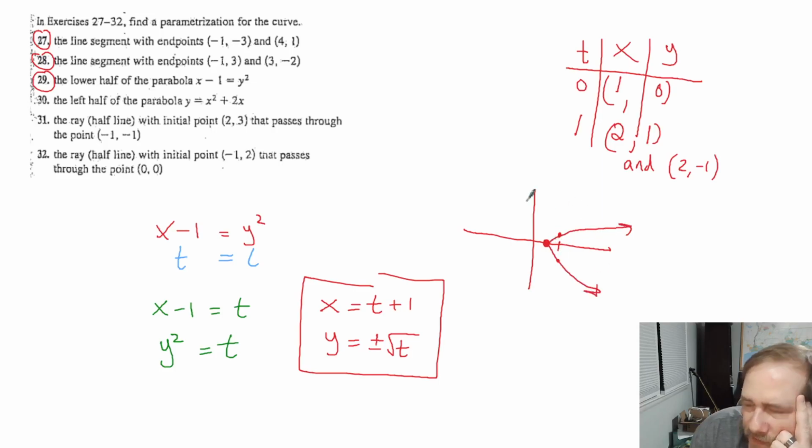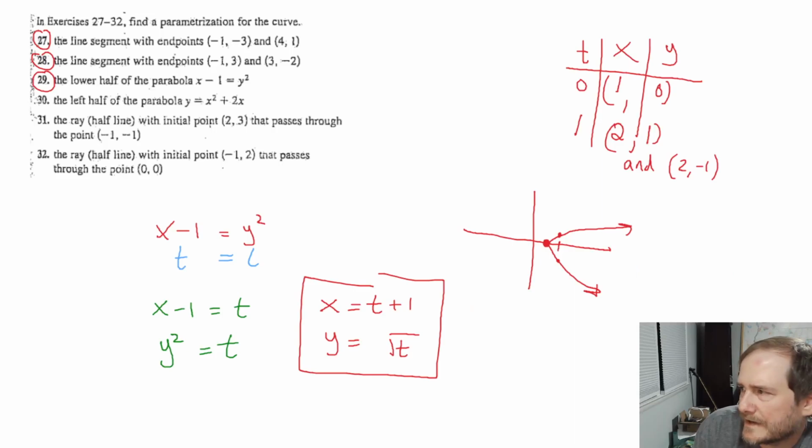So it's not like I can get the top half by just saying that t has to be greater than 0. That won't do it, because the positive t's are giving me the top half and the bottom half at the same time anyway. So what you have to do is modify the equation. You have to just take away the plus or minus. If I only want the lower half, then I don't want the positive.